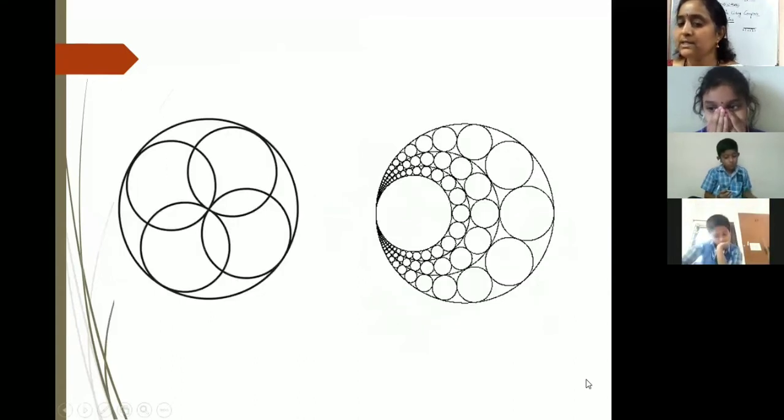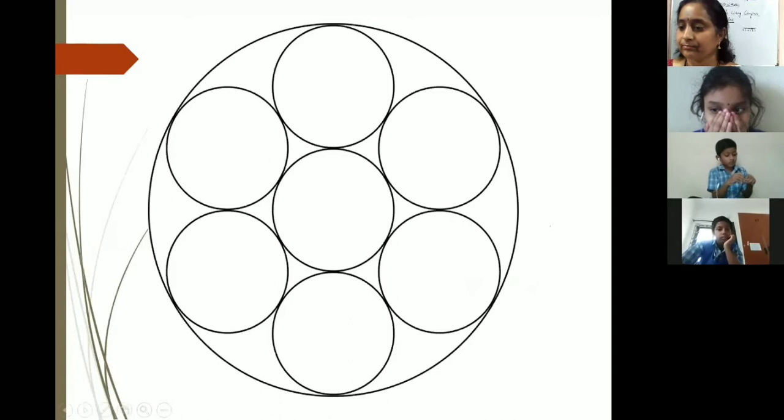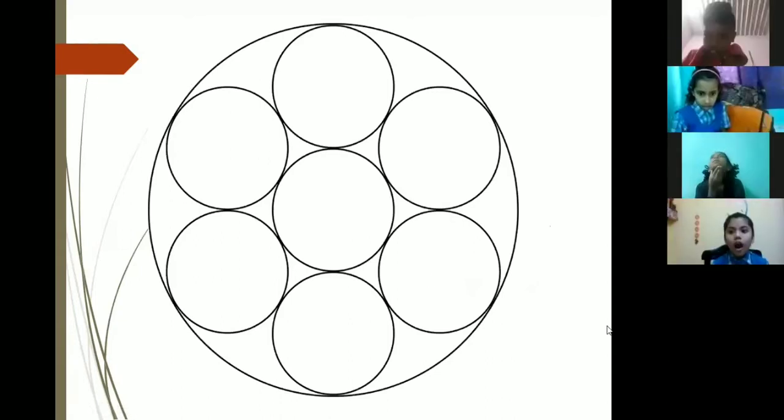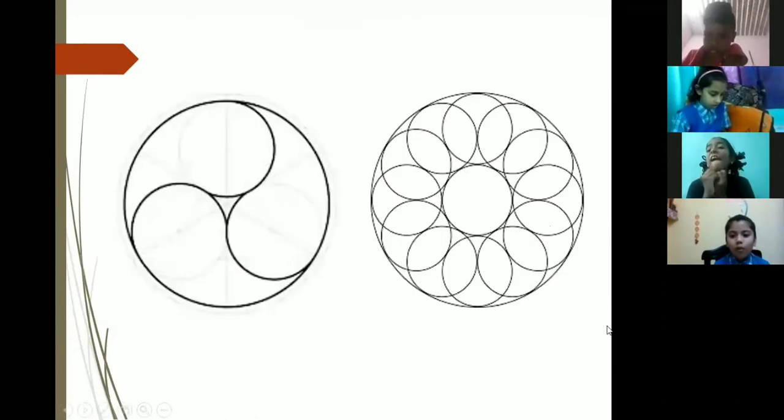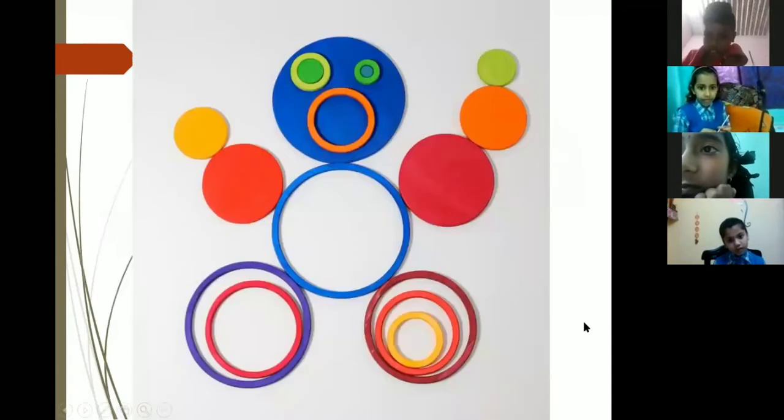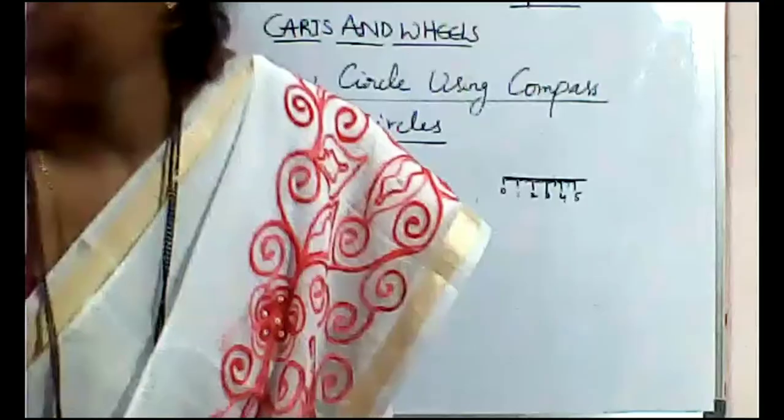Observe this. In these patterns, we have only circles. Observe this clearly. Yes, these are some patterns which we can make using circles.